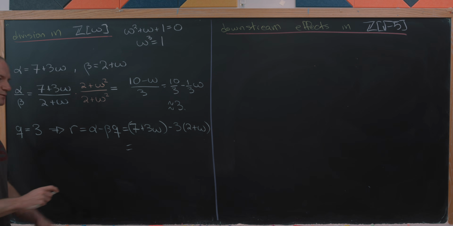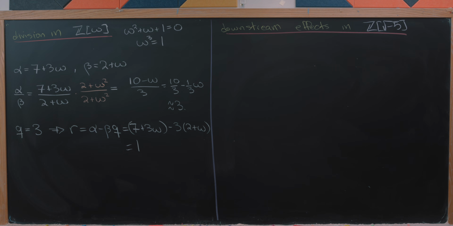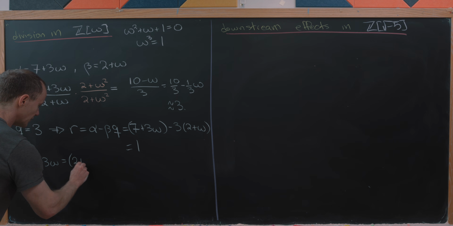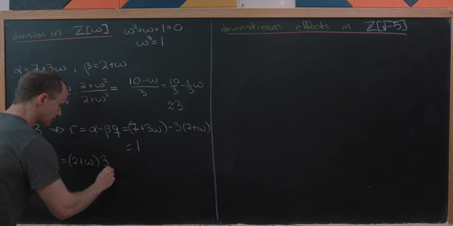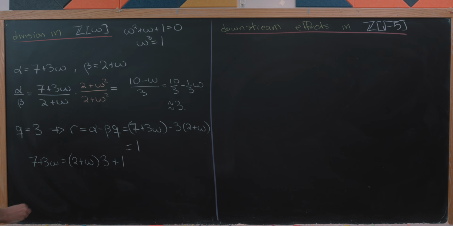A pretty straightforward calculation will show that this is simply equal to 1. Now we can write down our whole equation: 7 plus 3 omega is equal to (2 plus omega) times 3, plus 1. And so we've got our quotient and our remainder.